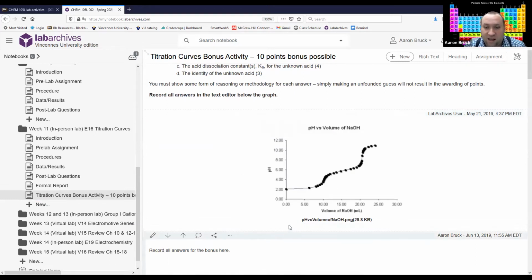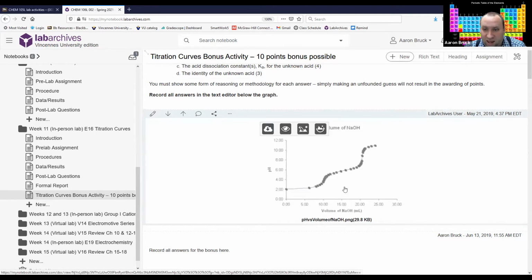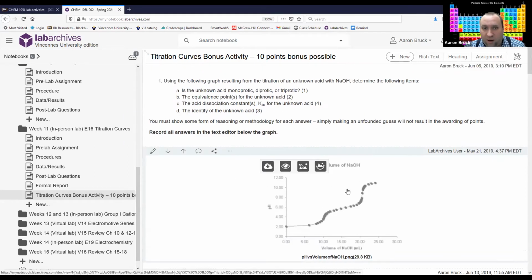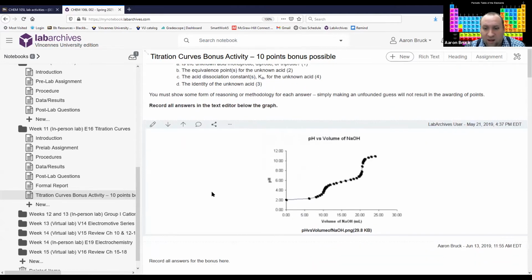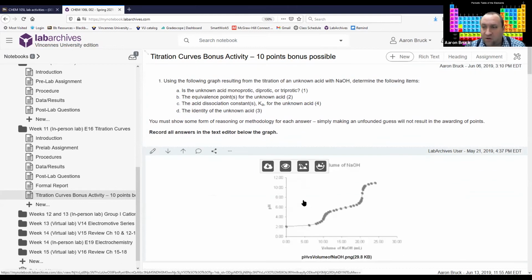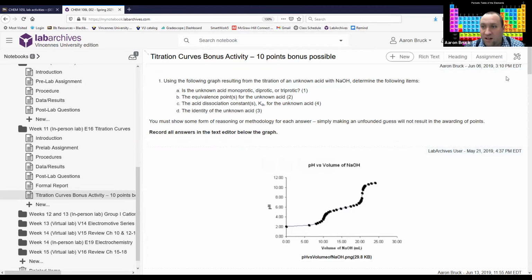Only in this case, I've got a titration curve here, and I don't know what the acid is. So going and grabbing the necessary data off of this graph to answer these questions can earn you up to 10 bonus points, which are always needed and always appreciated.